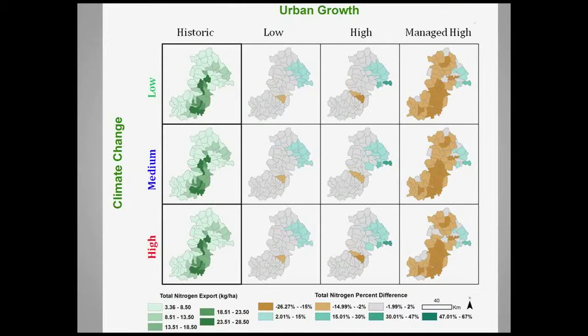Where there is urbanization in the Tualatin, it seems to increase loadings, and in the Yamhill, those brown patches in the middle, roughly corresponding to McMinnville, possibly growing, it actually reduces nitrogen. We're still not really sure what's going on there, but it just seems as if Yamhill has much higher loadings than Tualatin. There are a number of reasons that might be the case, and we're still working that out.